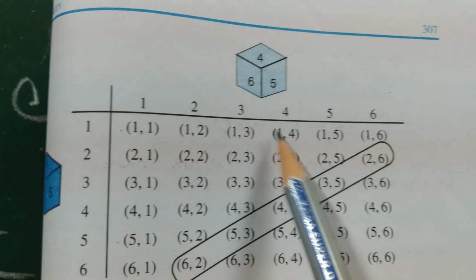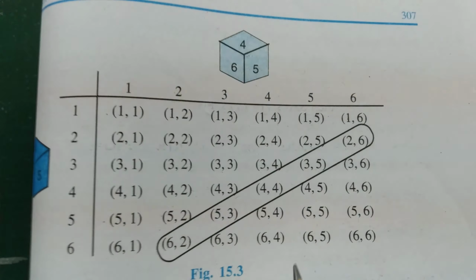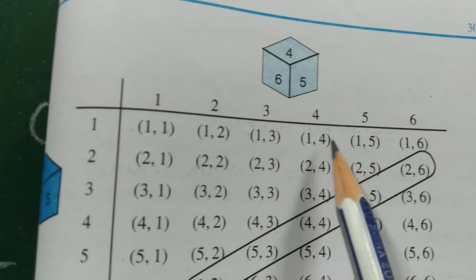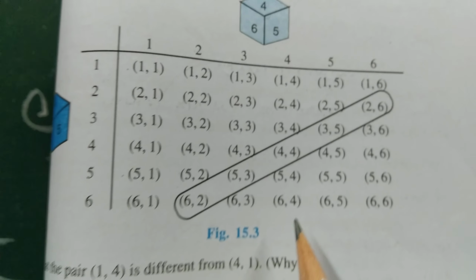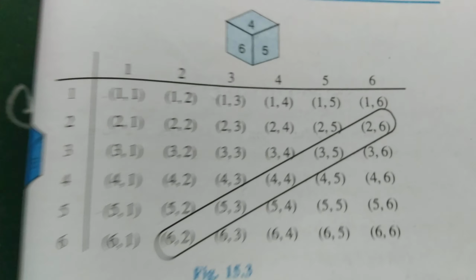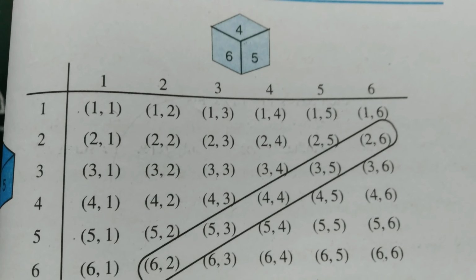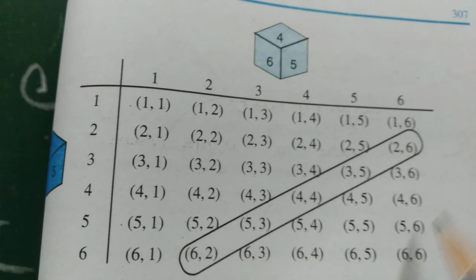Okay, so these are the possible outcomes. So total possible outcomes equal to how many? 36. Okay, 1 2 3 4 5 6. Total possible outcomes equal to 36. Here our first question, we have to find the probability that 5 does not come. Okay, so the students, how many times does 5 come?